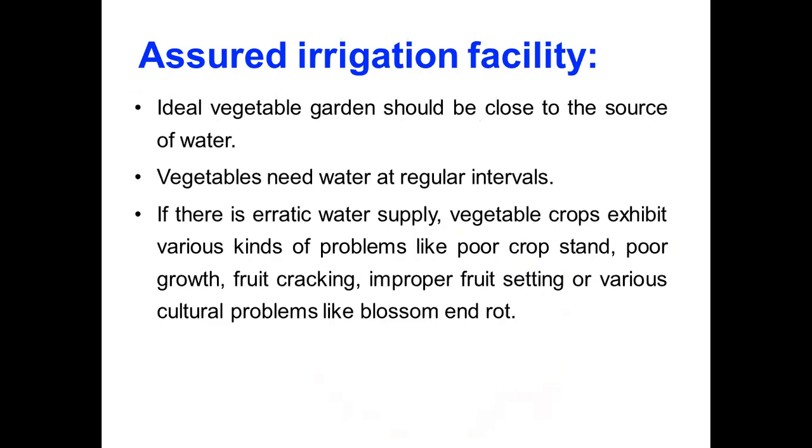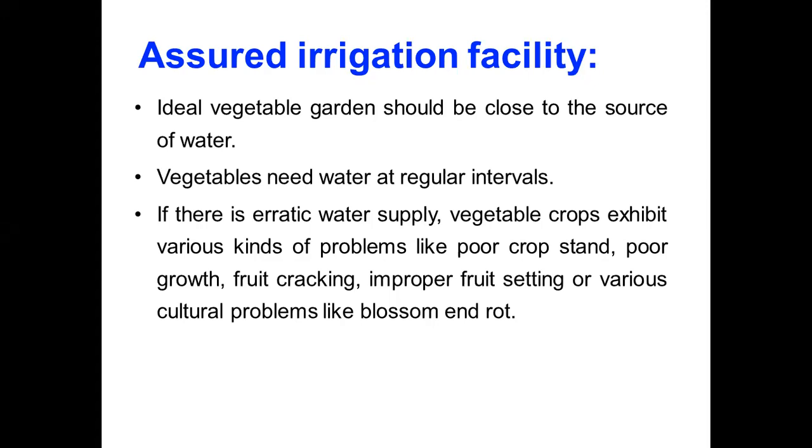Assured irrigation. You know very well that you cannot grow a crop without water. You cannot grow a vegetable without water, because vegetables need regular watering. So the watering of vegetables should be quite regular, okay?